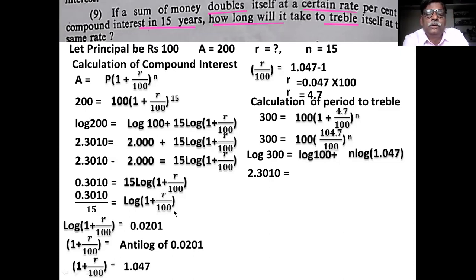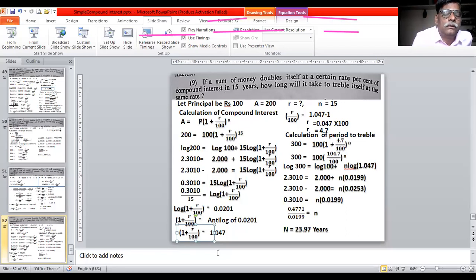Just a minute, I'll check the log value. Log 300 value, the decimal part is 4771.